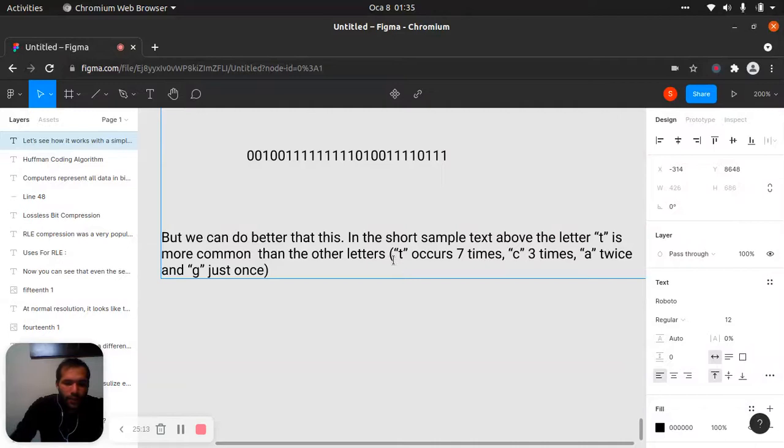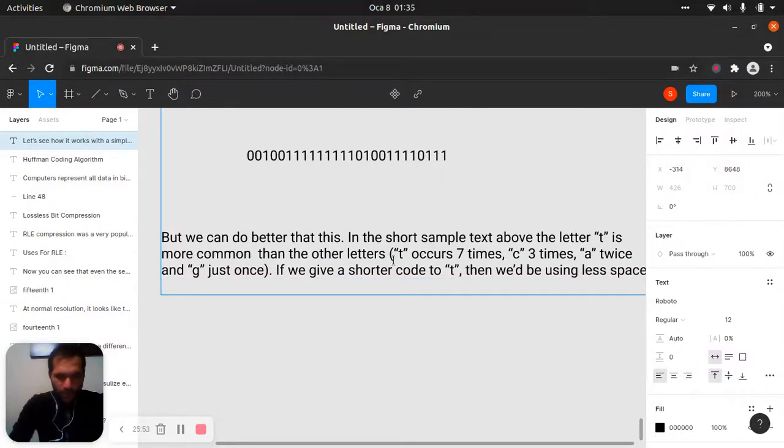Then let's say if we give a shorter code to T, then we are using less space, 54% of the time.